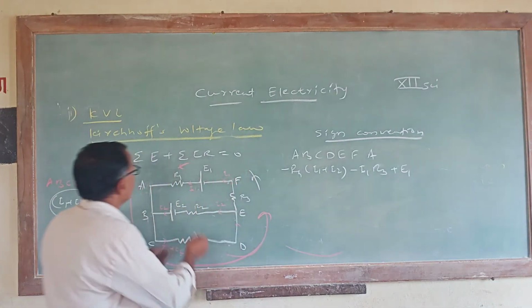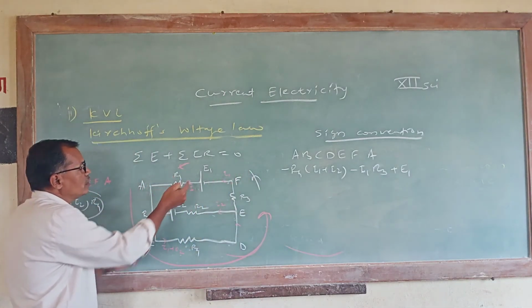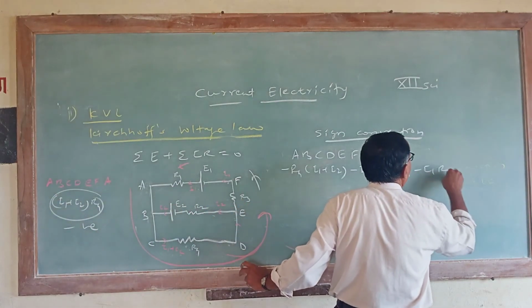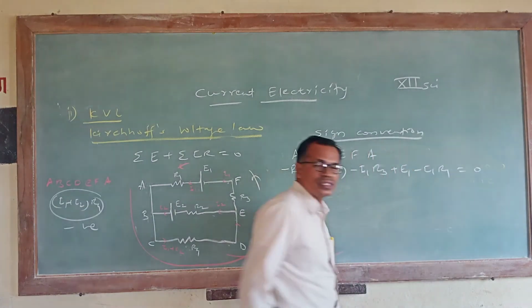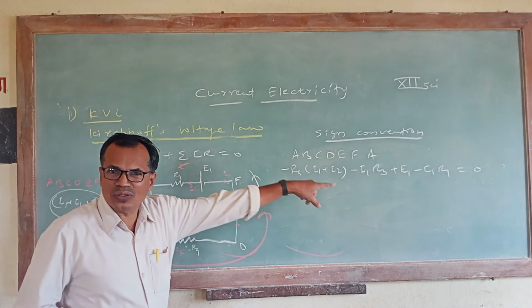Then again here, the product I1 R1 is negative because the directions are the same, so minus I1 R1 is equal to 0. That is, summation E plus summation IR is equal to 0.